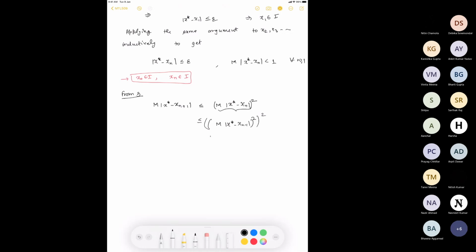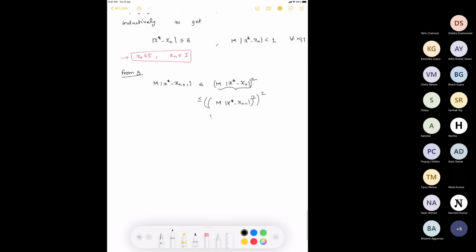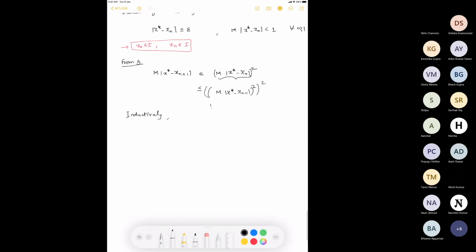Right? And you can continue this process. So what I can say is that m times |x star minus xn|, let me not write for xn plus 1, rather write it for xn itself.